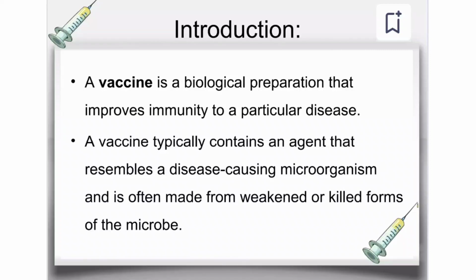The agent can be a bacteria or a virus in a weak state or an inactivated, killed state. This will be useful to produce an antibody response in the host. So a vaccine typically contains an agent that resembles a disease-causing microorganism, and is often made from weakened or killed forms of the microbes.